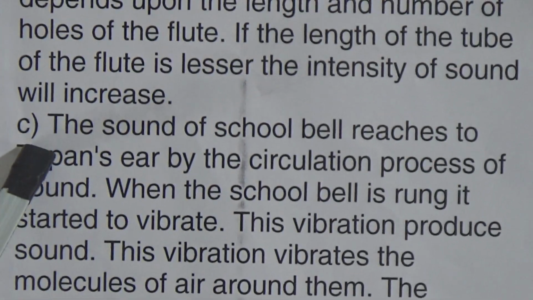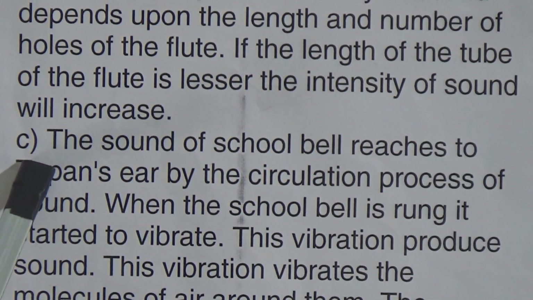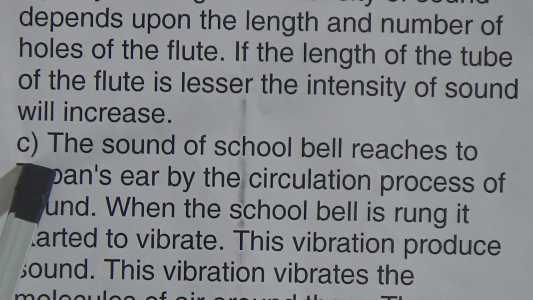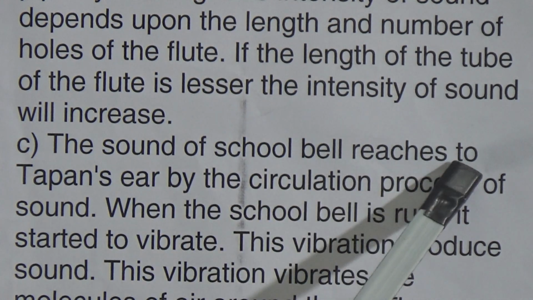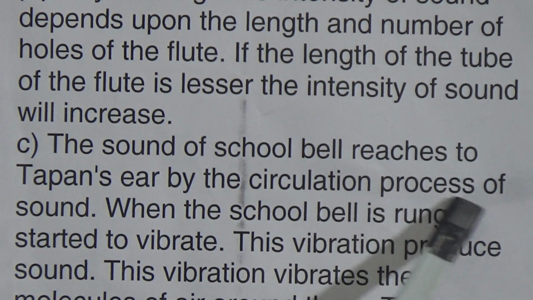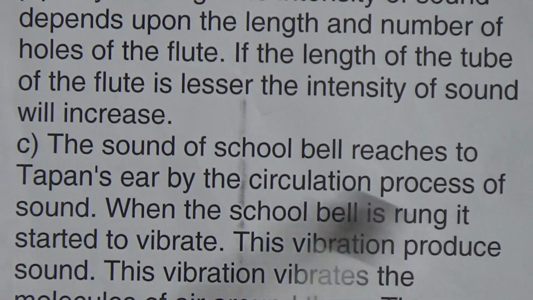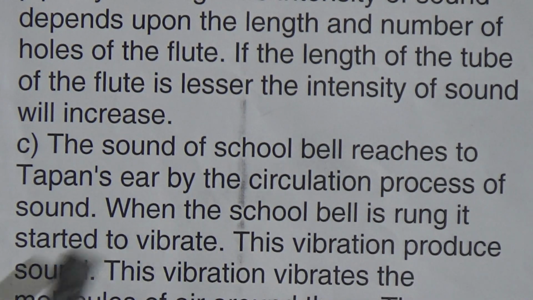Now C number question was, describe the techniques of reaching sound to Tapan's ear from the school bell. The answer is, the sound of the school bell reaches Tapan's ear by the circulation process of sound. When the school bell is rung, it starts to vibrate. This vibration produces sound.